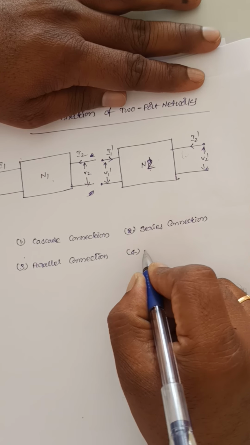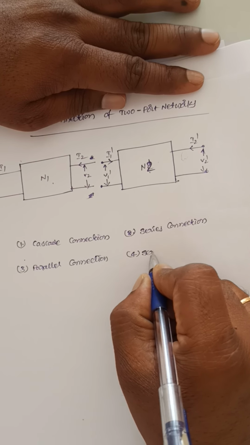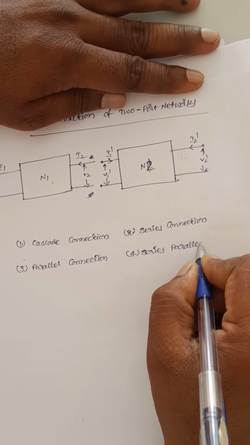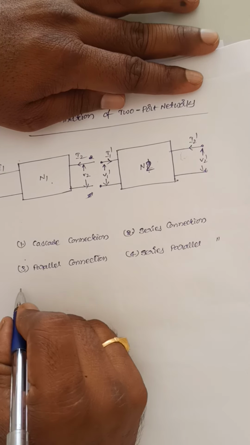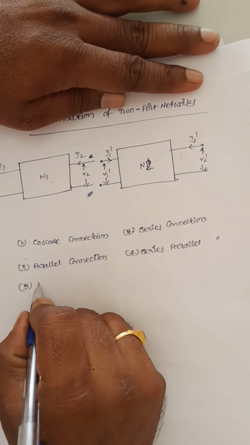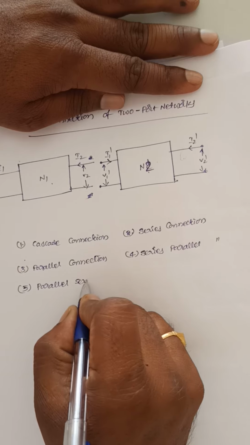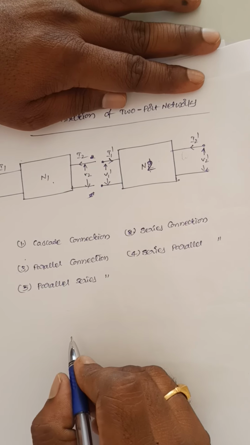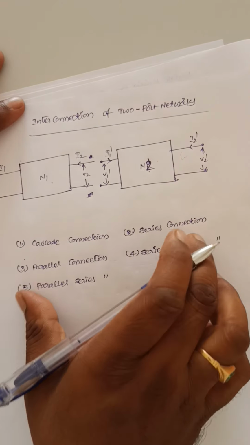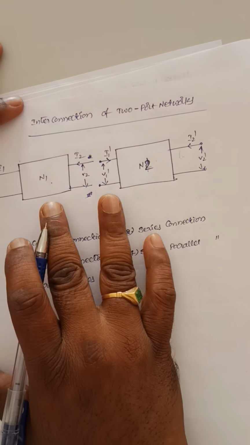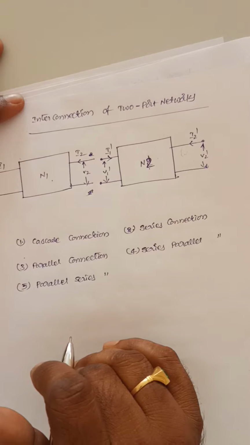Fourth one, series parallel connection. Fifth one, parallel series connection. So five types of connections are there to connect two port networks.